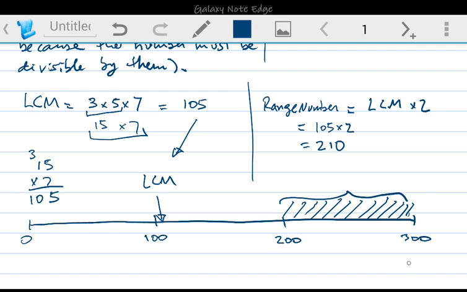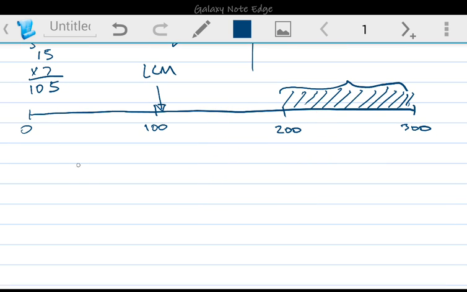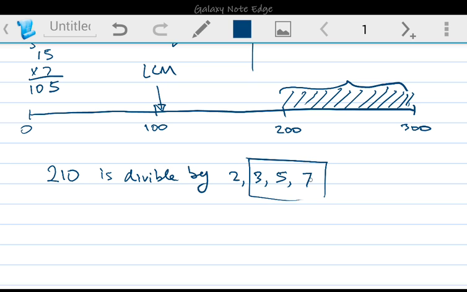So in this case, 210, notice this, 210 is divisible by 2, 3, 5, and 7. Now, the question said, what number between 200 and 300 is divisible by those?